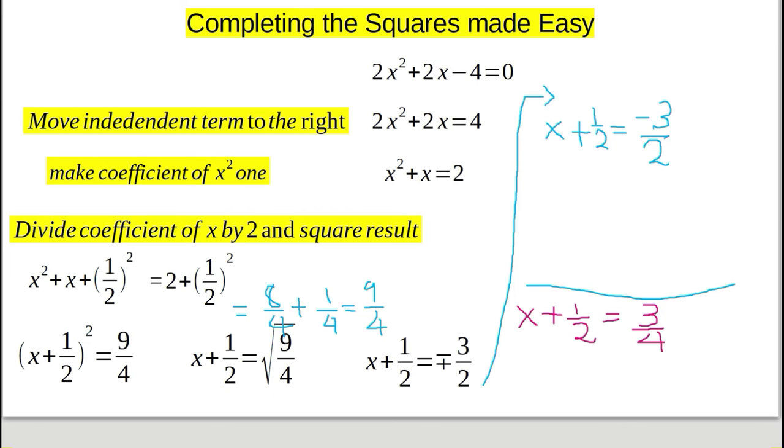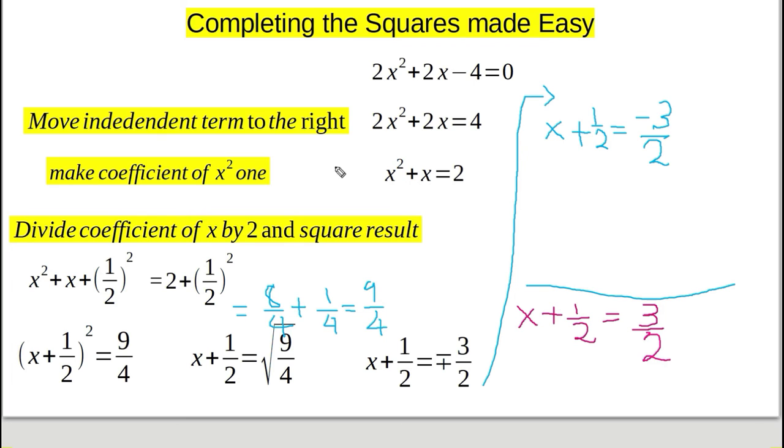This is a mistake here, I have to correct it. It's 3/2. So I have 3/2 here.